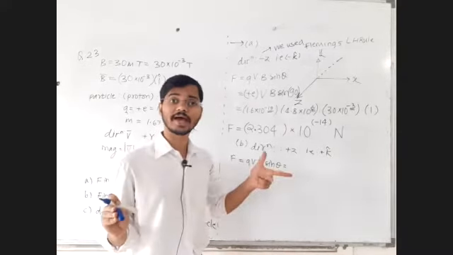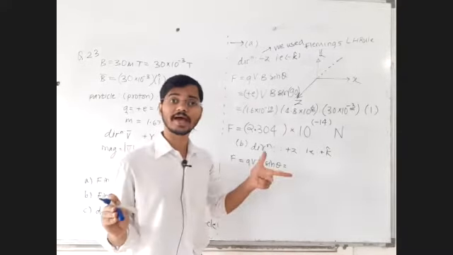Current is required to decide the direction of force, whether the charge is positive or negative. If the charge is positive, current is in the direction of velocity. If the charge is negative, current is opposite to the velocity. But those are not required here.